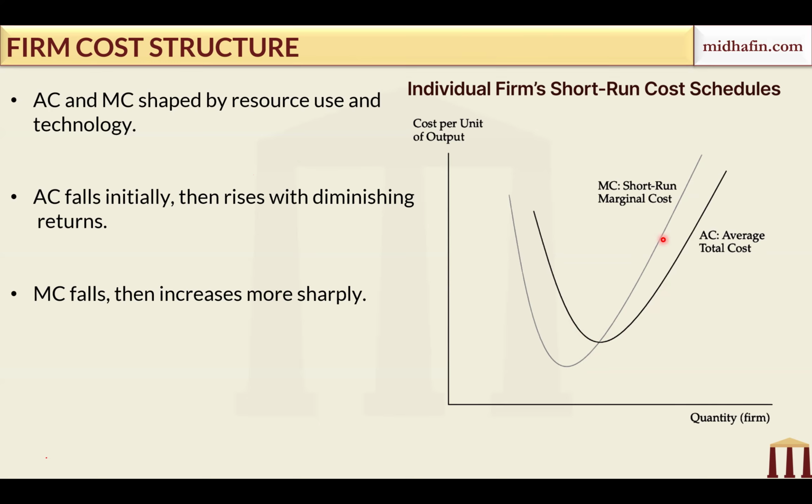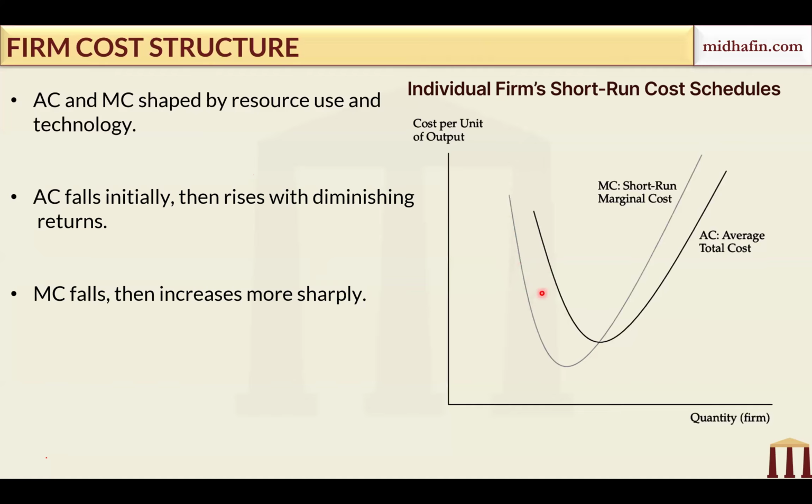Okay, in the early stages, the output is low, but the fixed inputs are already in place, like tractors, irrigation facilities, they're already in place. And as you add more labor, these fixed resources are used more efficiently. That is why the average cost is falling and the marginal cost is also falling.